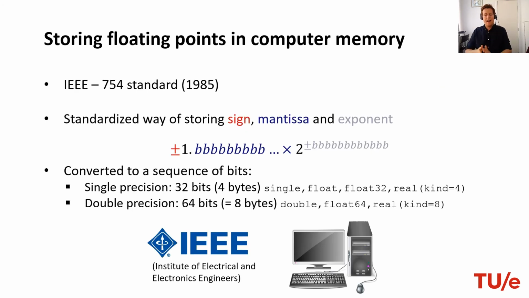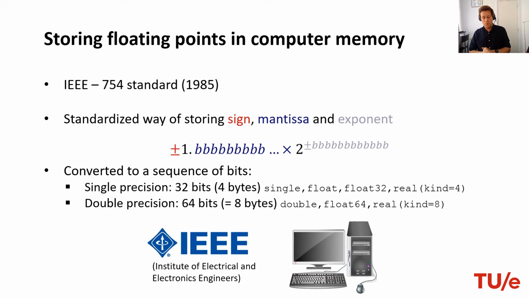So once we have the floating point numbers in standardized binary floating point representation, we need a convention or a standard as to how we actually store this mathematical, so it's still a mathematical representation of this number, into computer memory. So we have to convert this to a string of zeros and ones. So we have to, for instance, get rid of the sign.